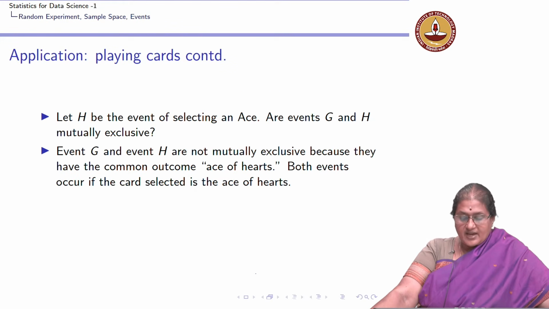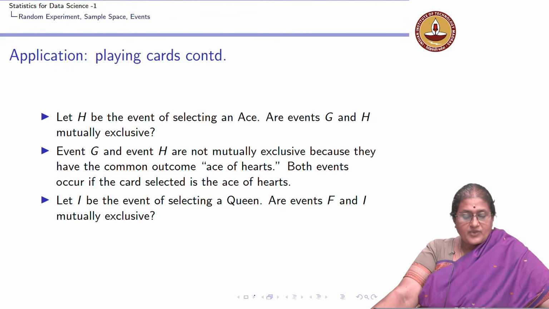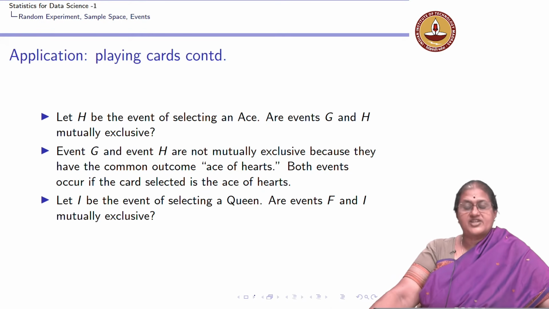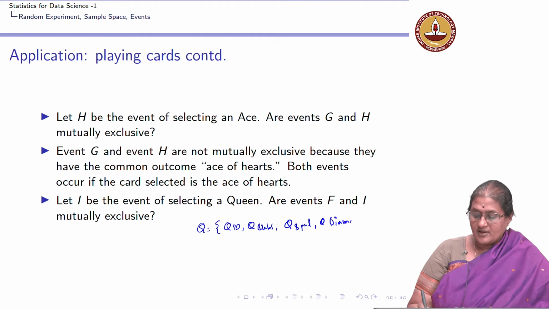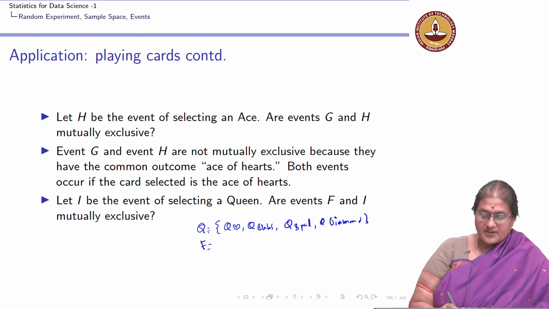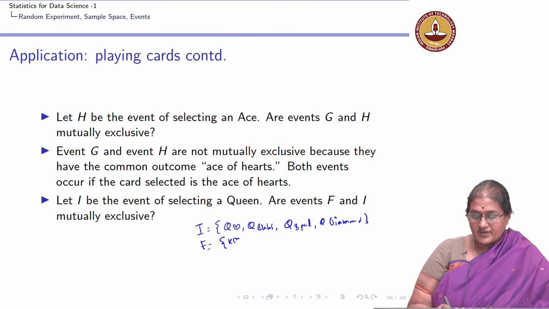However, if I is the event of selecting a queen, again it is going to be Queen of hearts, Queen of clubs, Queen of spades and Queen of diamonds. My F is the event of King of hearts, King of clubs, King of spades and King of diamonds.